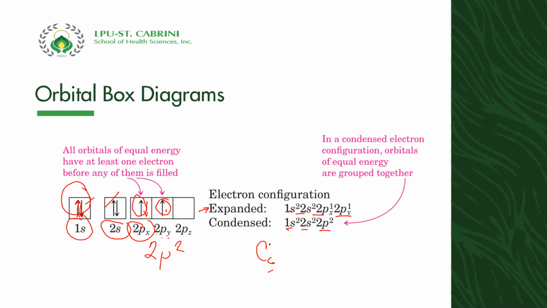Okay? So, using the same example that we had in the previous slide, let's show the electron configuration of argon. So sabi natin, argon 18. Argon 18 is 1s2, 2s2, 2p6, 3s2, 3p6. So, what will be our orbital box diagram?